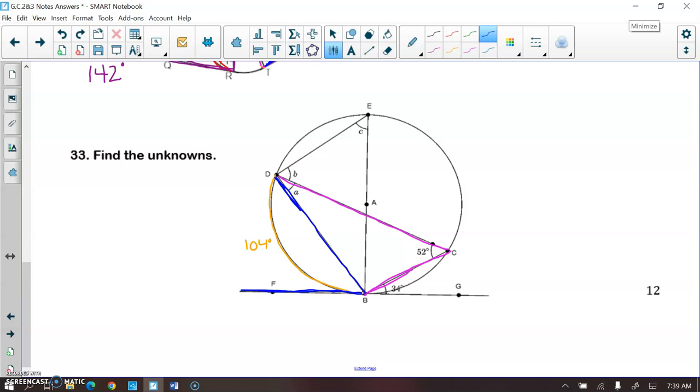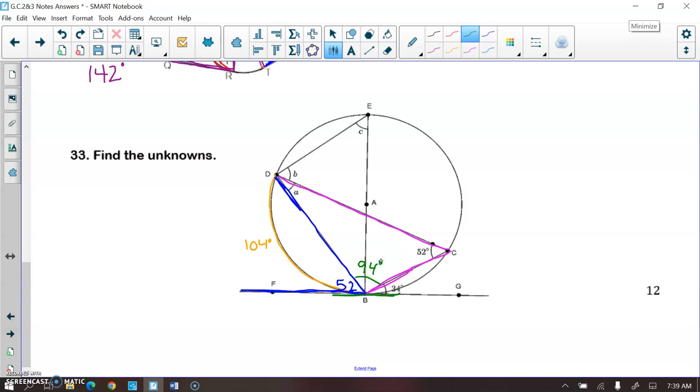So half of 104 makes this angle 52 degrees. If that angle is 52 degrees, these three angles together should equal 180. So if I do 180 minus 52 minus 34, I get that this whole angle here is 94 degrees.